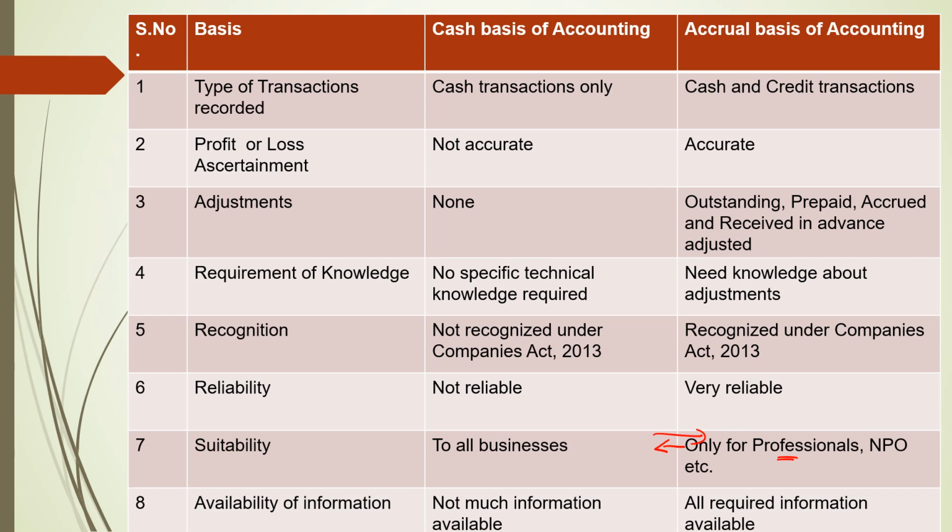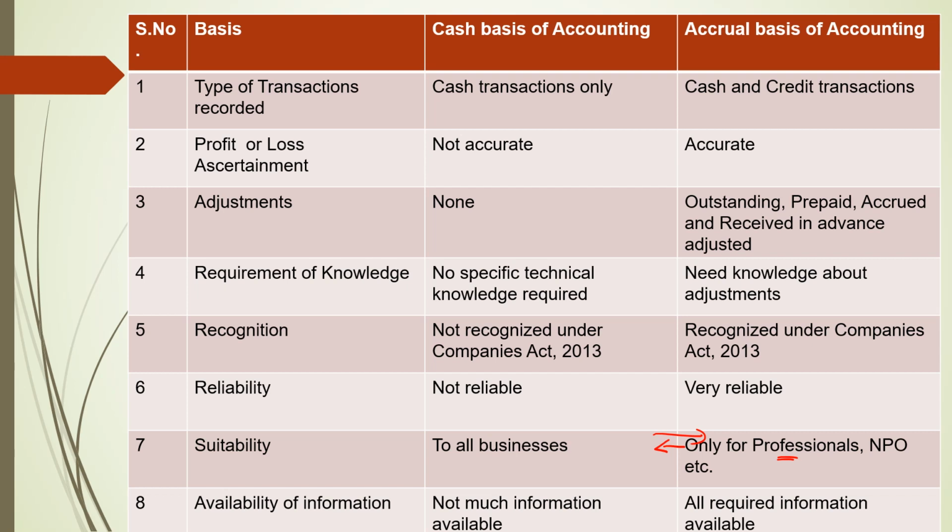Rest of all the business need to follow accrual basis of accounting to get reliable information, accurate amount of profit or loss. And finally, what is the availability of information? When cash base of accounting is followed, you just have the detail about what has been received, what has been paid.